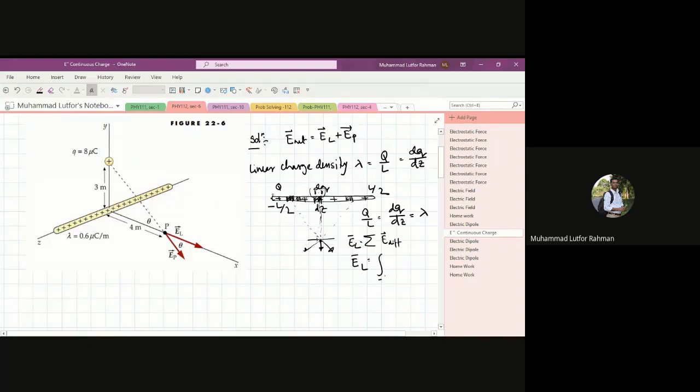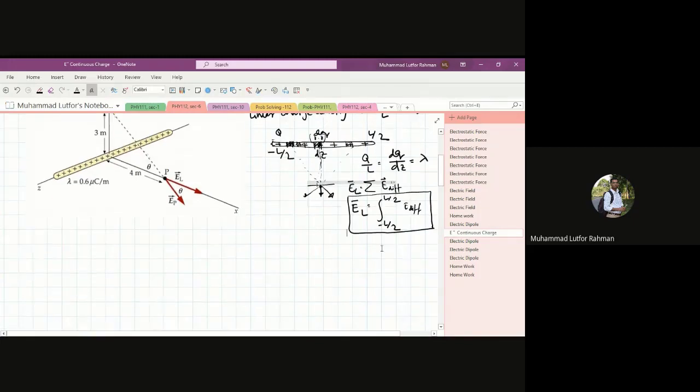So I'm going to integrate from minus L by 2 to plus L by 2. I chose the origin at the middle actually, so that's why I write minus L by 2 to plus L by 2, over a differential element. Fine. So this will be my procedure to find the total electric field for this continuous charge distribution. We'll follow the same procedure for any other shape of object.